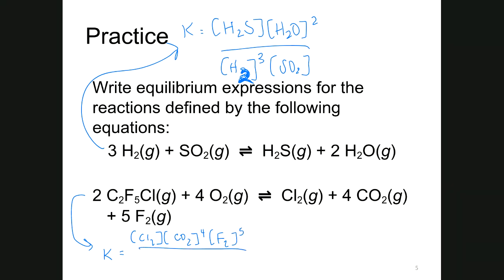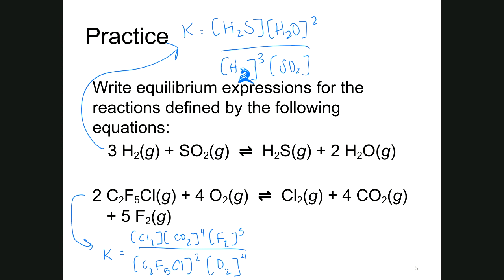And then our reactants, C2F5Cl raised to the second, and oxygen raised to the fourth. If you had the concentrations, you would just go ahead and directly plug them into this equation and solve for K.